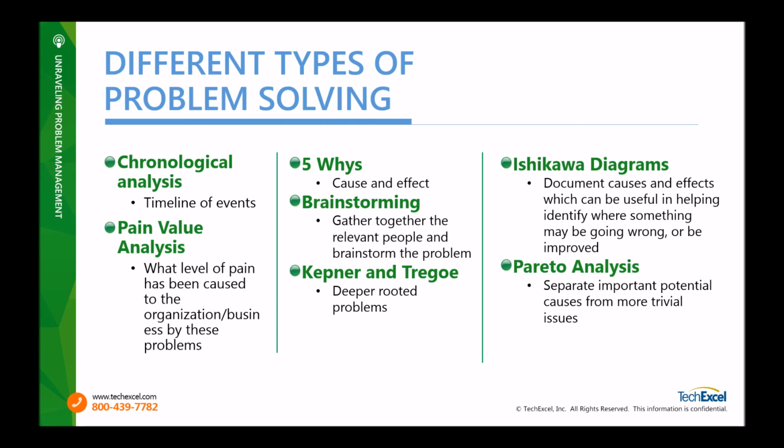The 5 whys is a good one. It's a technique that is designed to identify the root cause as well. It's a simple questioning technique that can be adopted to fit a wide range of scenarios. An example of the 5 whys may include a scenario where the problem is the computer will not boot up. So then you ask why, and the answer is the processor is not working.